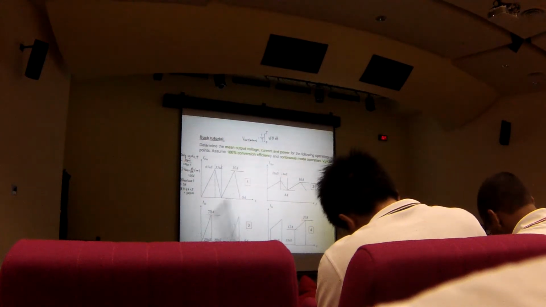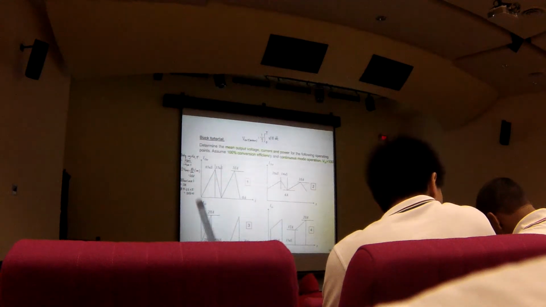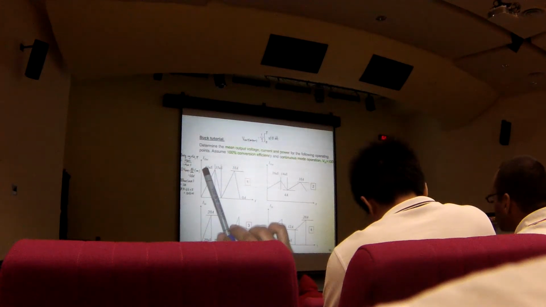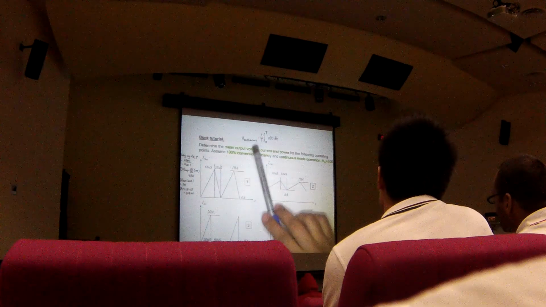So you get an output voltage of 65. If you are given a voltage waveform and the input voltage is not given, then you need to use this equation.